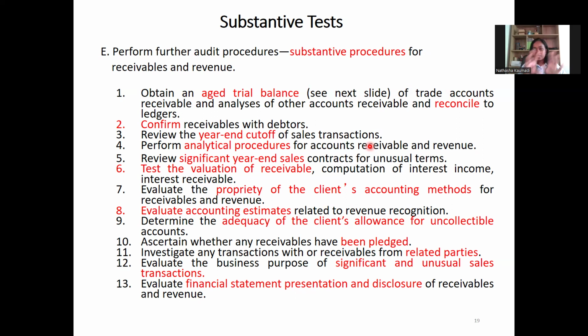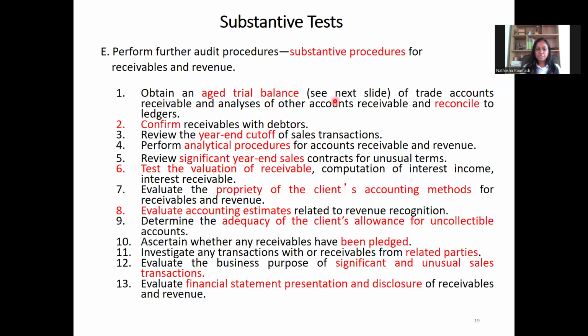Last 10 transactions in 2023, first 10 transactions in 2024. Now you check all the invoices and see the dates. If there are any issues, where 2023 transactions have been recorded in 2024 or 2024 transactions recorded in 2023, there are cutoff issues. So that's how you do the cutoff test.